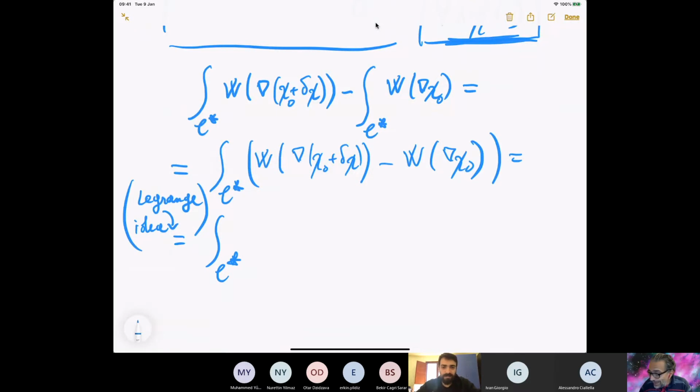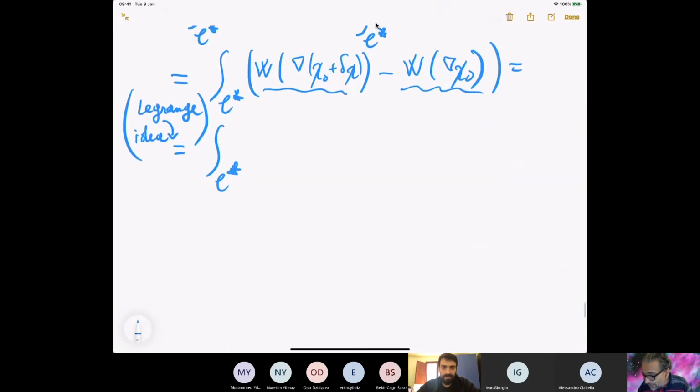You have the integral of the difference of two functions. So Lagrange thinks, look, I have this function, which is the integrand.